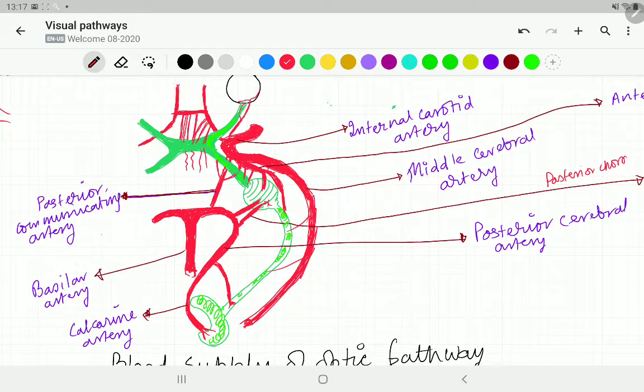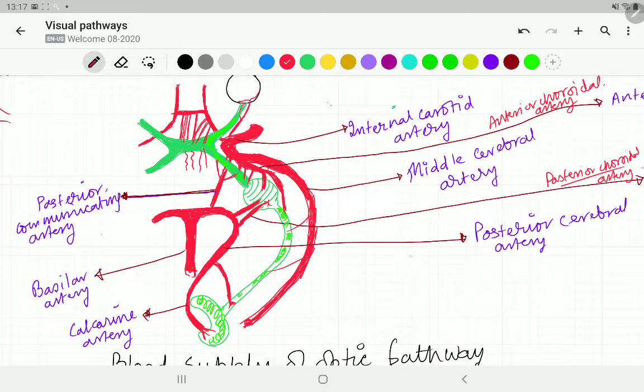So the lateral aspect is supplied by the anterior choroidal artery, which is a direct branch of the internal carotid artery, and the medial part is supplied by the posterior choroidal artery, a branch of the posterior cerebral artery. So it has blood supply both from the anterior circulation as well as the posterior circulation.